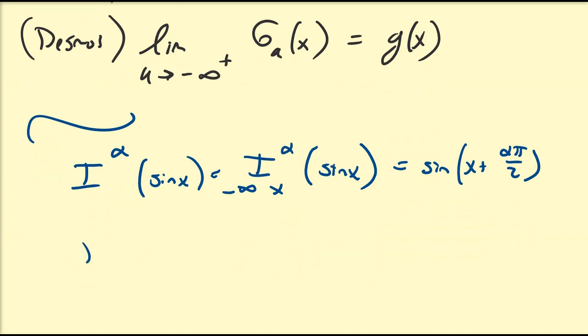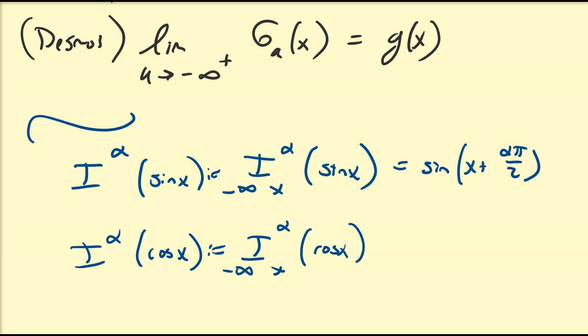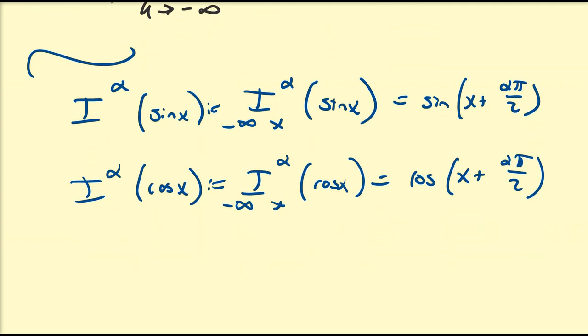And similarly, one can investigate for cosine that we should define this to be equal to the integral from minus infinity to x of order alpha, and this is going to be equal to cosine of x plus alpha pi over 2, right? So that gives us our fractional integrals, and similar for fractional derivatives of sine and cosine.